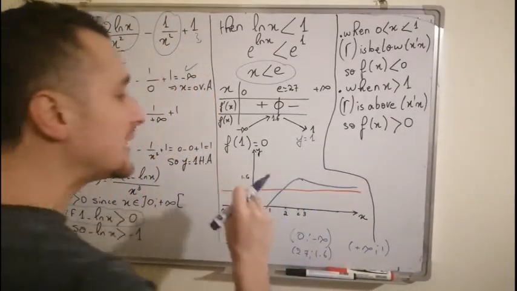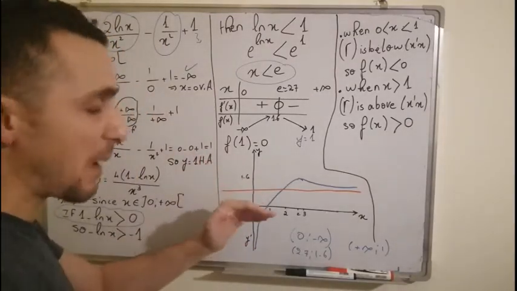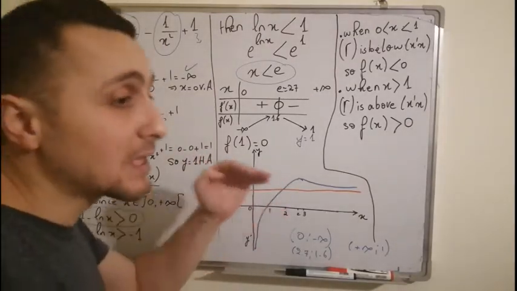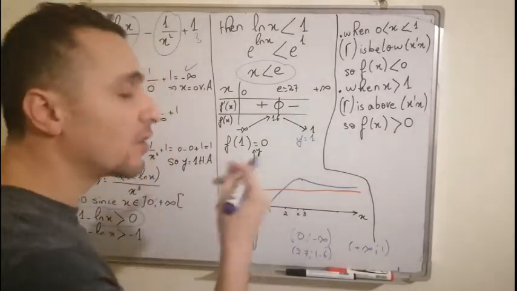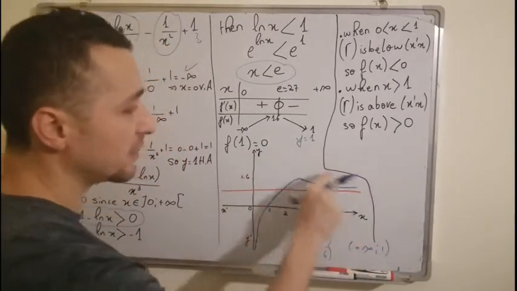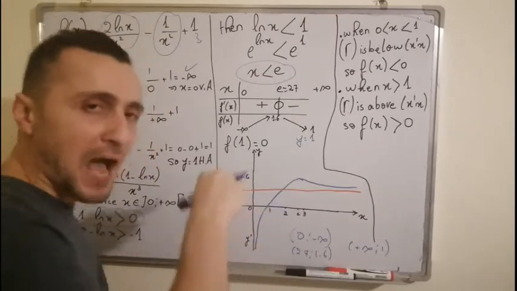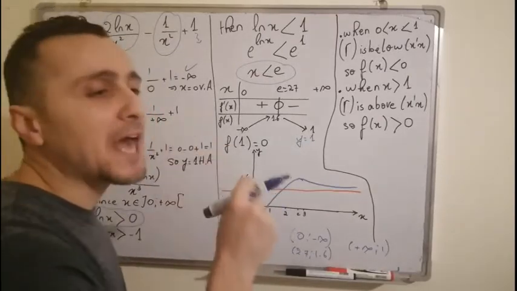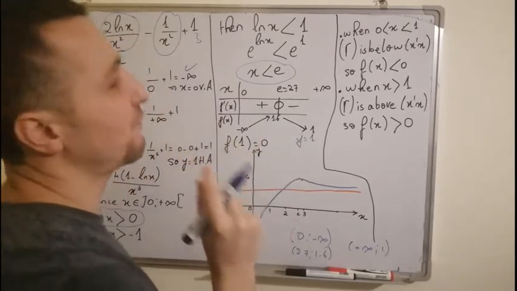By simply reading the graph of the function and comparing the relative position of this curve in blue with respect to the horizontal axis x'x, we can study the sign of the function f of x.